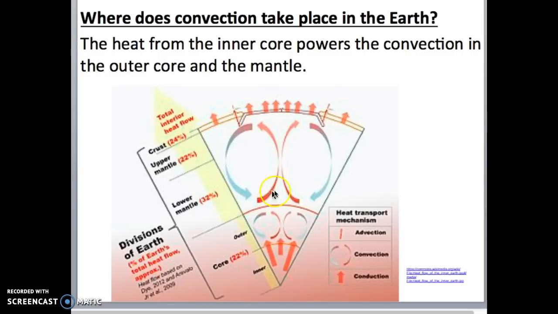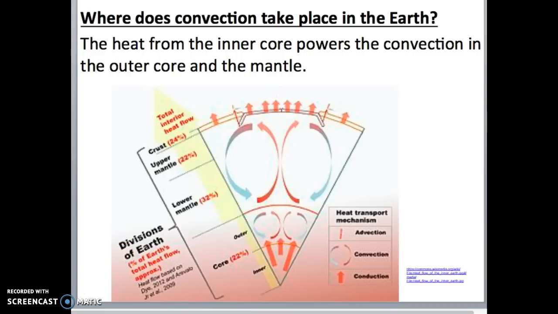The inner core, of course, is where the radioactive decay is happening, so all the energy is shooting out towards the outside of the Earth. This is going to play a big role in how the crust moves. We'll go into more detail in the next lesson, so I'm not going to talk about it too much. Just know that convection happens inside of the Earth in the mantle and the outer core.